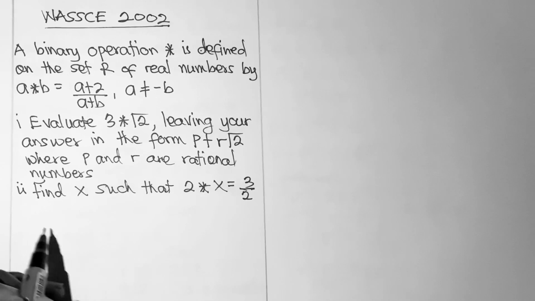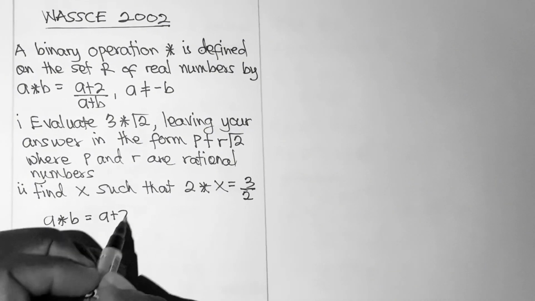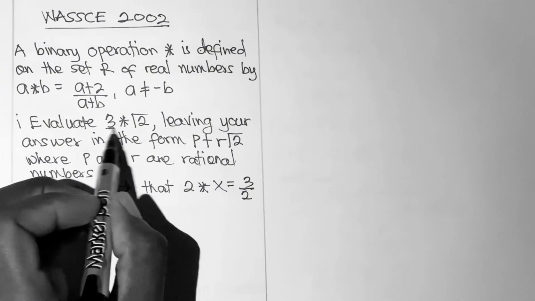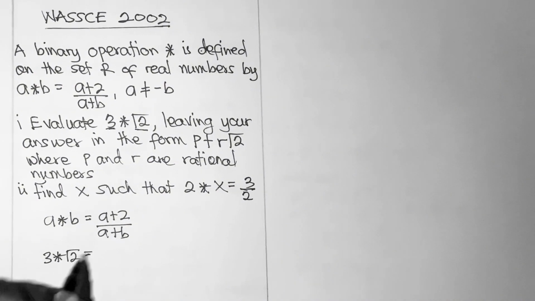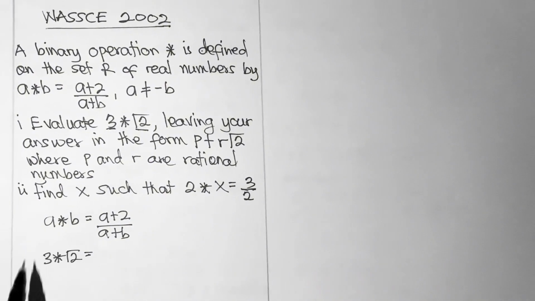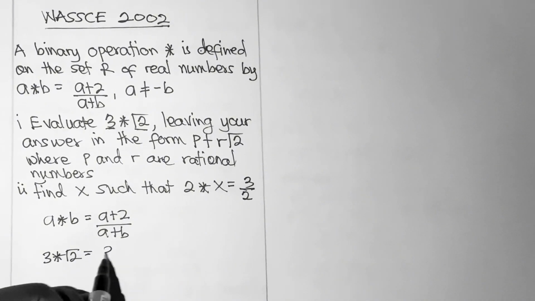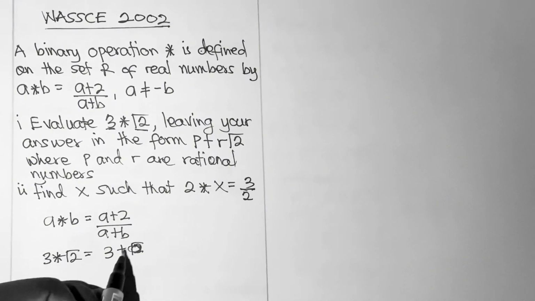So the operation is A operation B equals A plus 2 divided by A plus B. So we are supposed to find 3 operation root 2. So 3 operation root 2 equals, wherever we see A, put 3. Wherever you see B, put root 2.